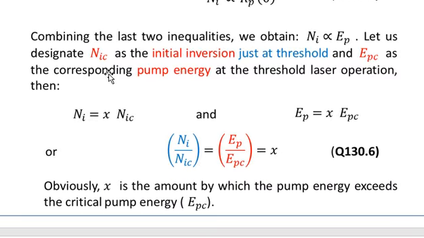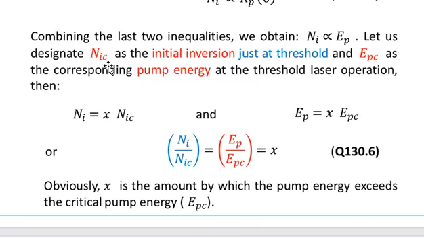Let us designate NIC as the initial inversion just at the threshold value. Before that, we have been using only NC to stand for that. NC is the critical value of the inversion, because the C stands for critical.